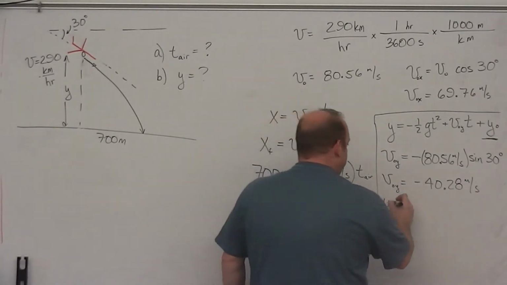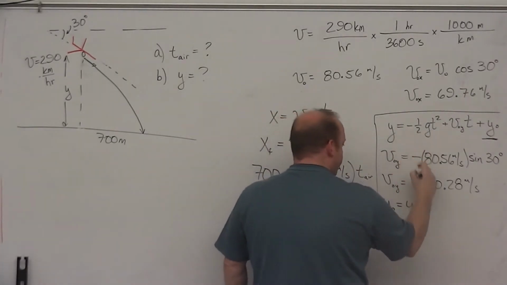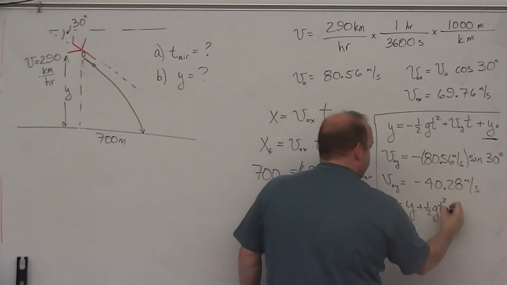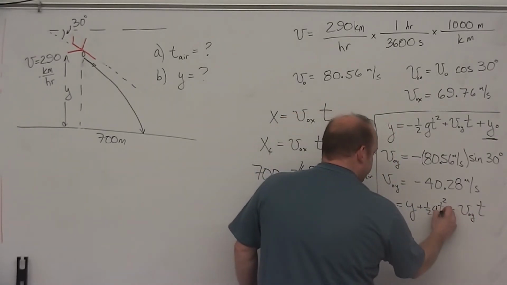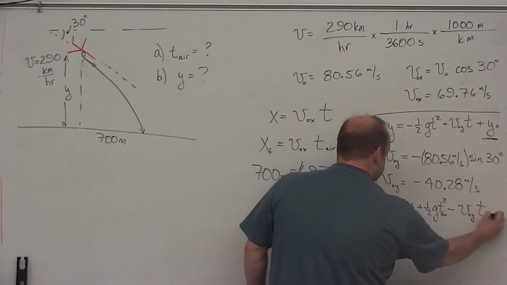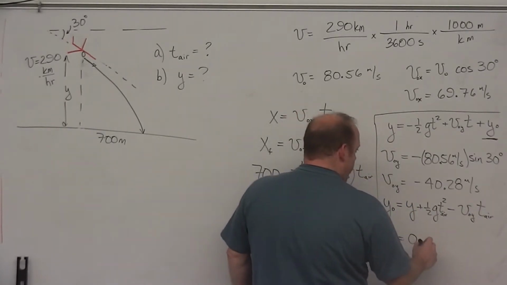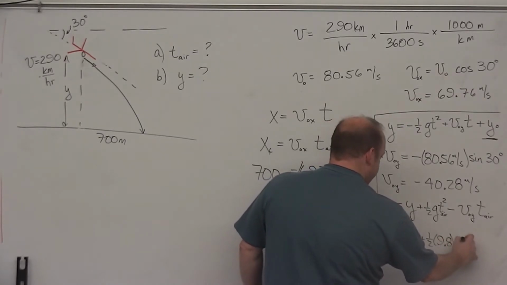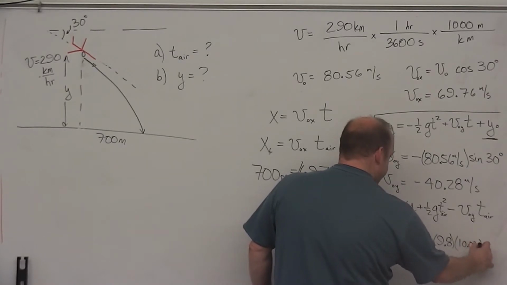All right, so hopefully you've solved for y0 now. y0 will equal y, move this over, plus 1/2 gt squared. Move this over and you get minus v0y times time. And specifically, we're going to solve for t air. So y0 is equal to 0 plus 1/2 9.8 times t air, which is the 10.03, seconds squared.